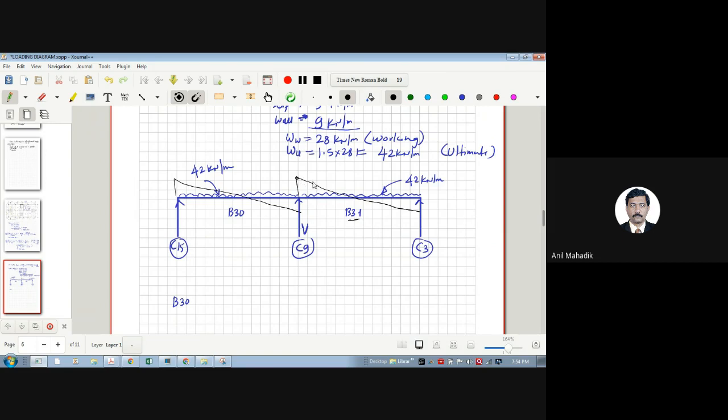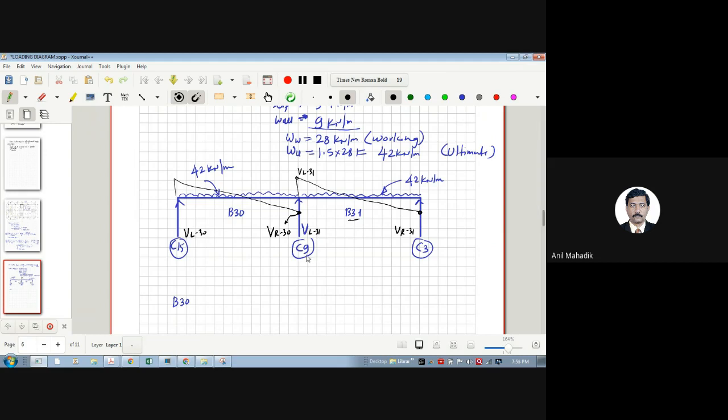Let me call this shear as V left 31. मतलब B31 का left side का shear. This one. Okay. Then there is a shear force on the right side, which is V right 31. ये shear force यहाँ. This one. Then again here B30 का यहाँ shear है to the right side. So let's say V right 30. So this one. And then here V left 30.